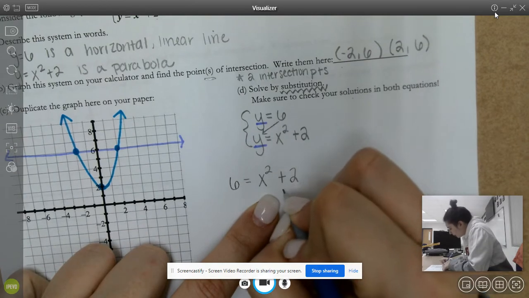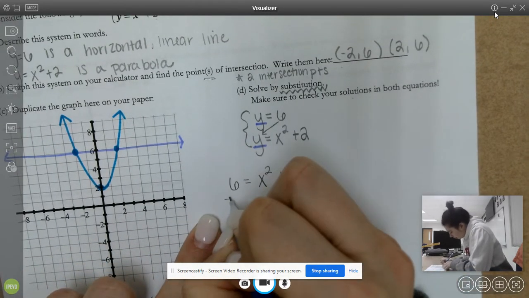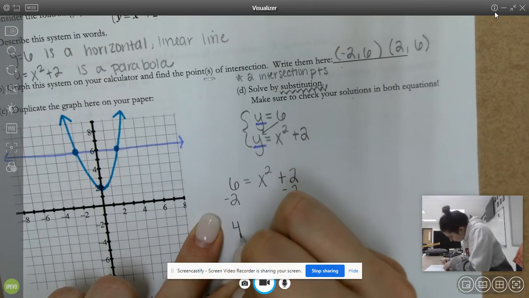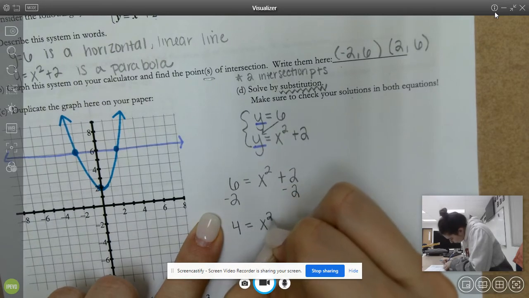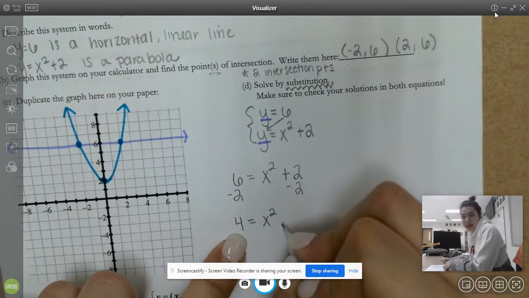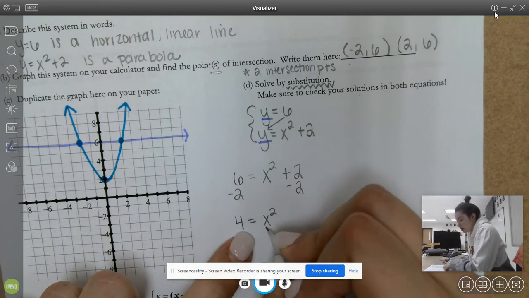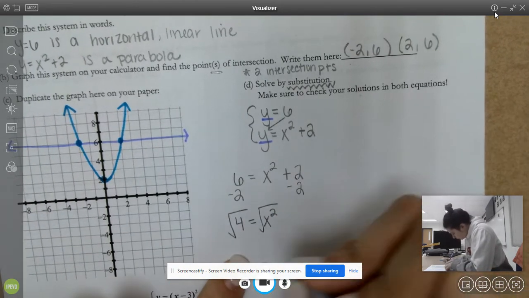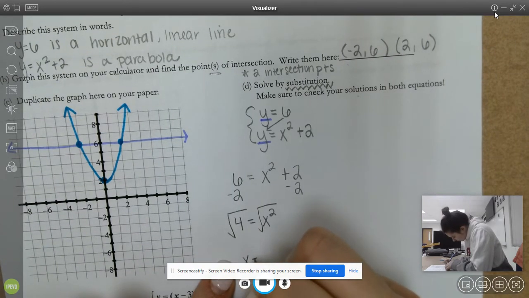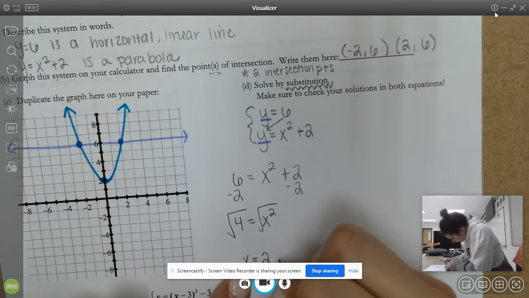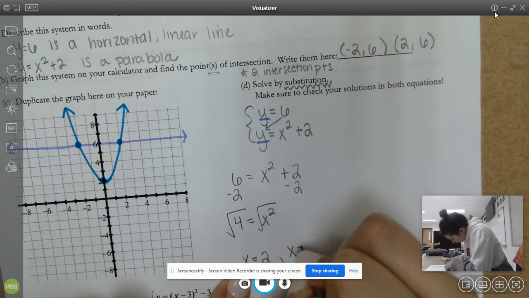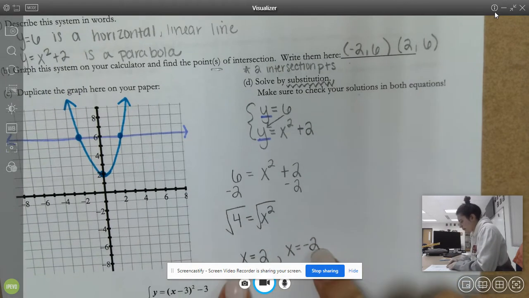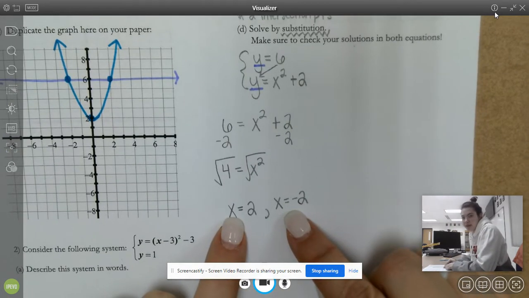So in order to solve by the square root method, we can subtract 2 from both sides, and we get that 4 is equal to x squared. Now that we have x squared isolated, we can take the square root of both sides. When we do that, we know that x is not only equal to 2, but that x is also equal to negative 2. And there we have our 2 x values.